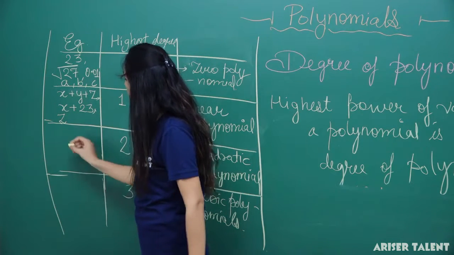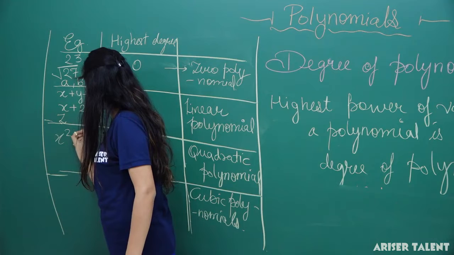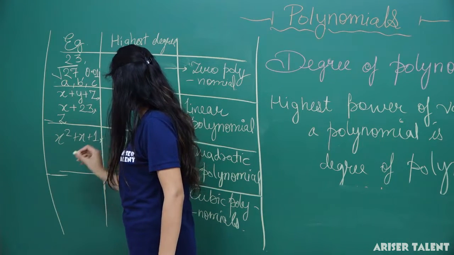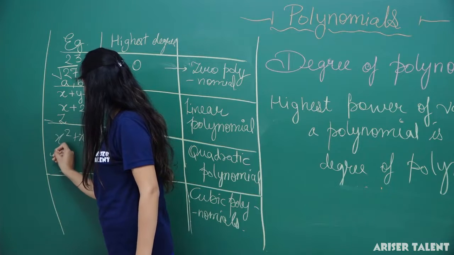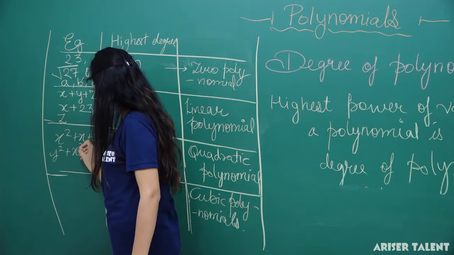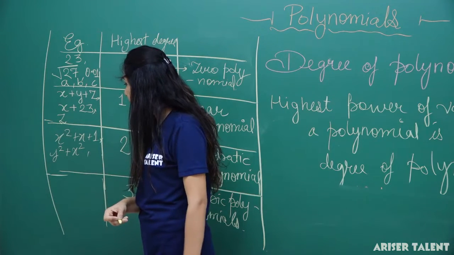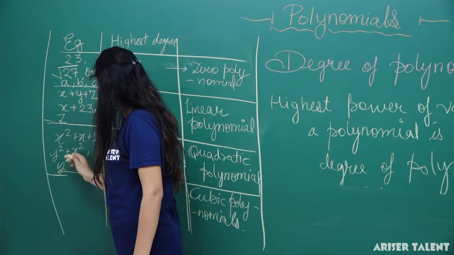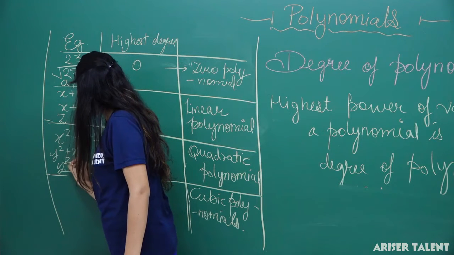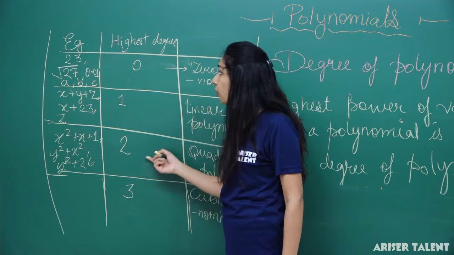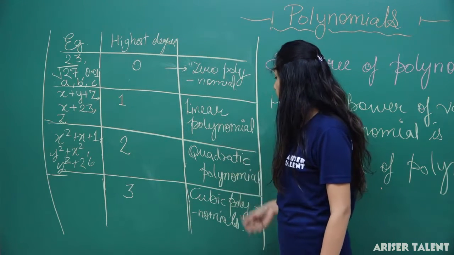As a quadratic polynomial, I'll have x square plus x plus 1, the basic classic example of it. Or else I can say y square plus x square, this can be one example. Or I can say y square plus 26. This is also an example of highest degree 2 or quadratic polynomial.